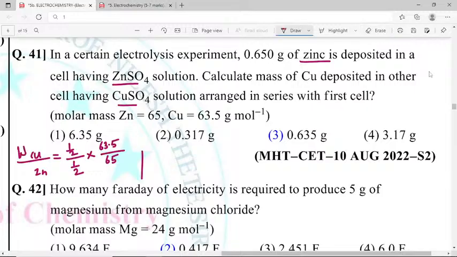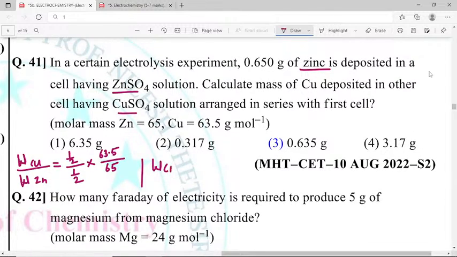Mass of copper deposited is equal to the weight of zinc multiplied by 63.5 divided by 65.